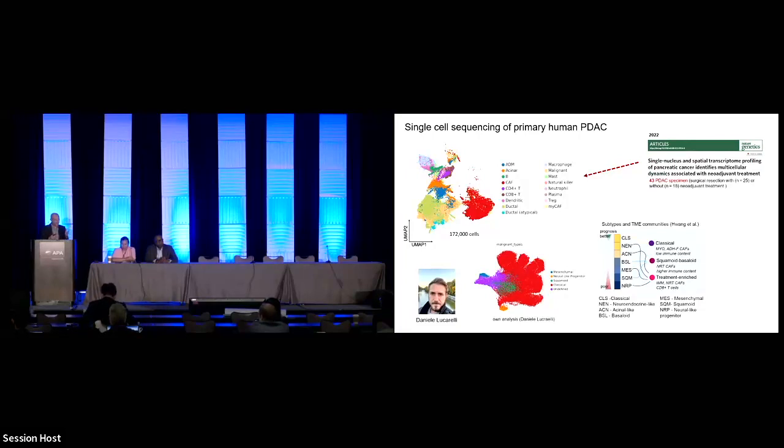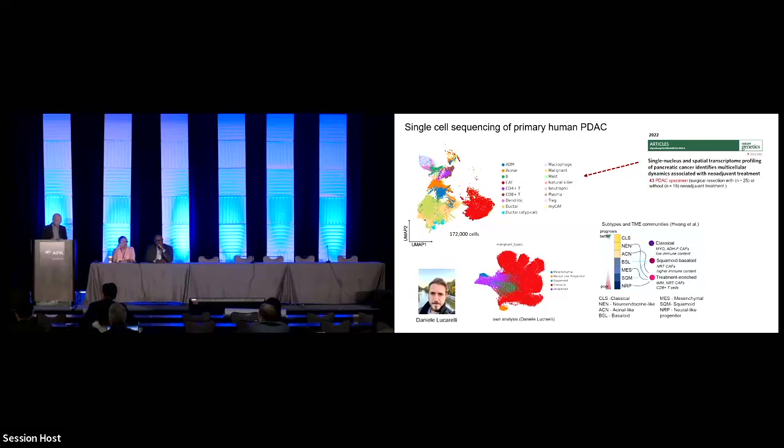What we observed is a quite strong overrepresentation in these patients of the classical PDAC subtype, and these more aggressive tumor cell states, such as mesenchymal or neuro-like progenitor states, are really very, very rare.